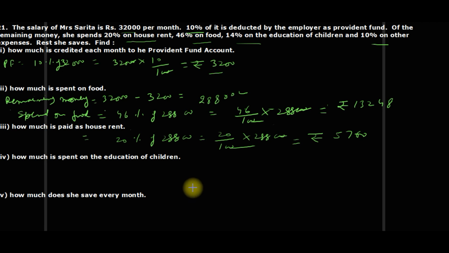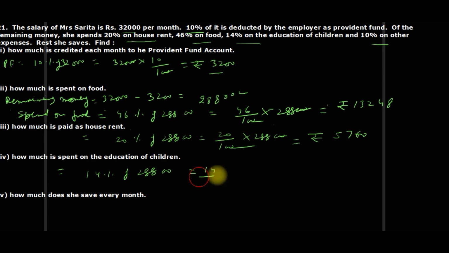How much is spent on education of children? This is remaining money. This would come equal to 14% of 28800.